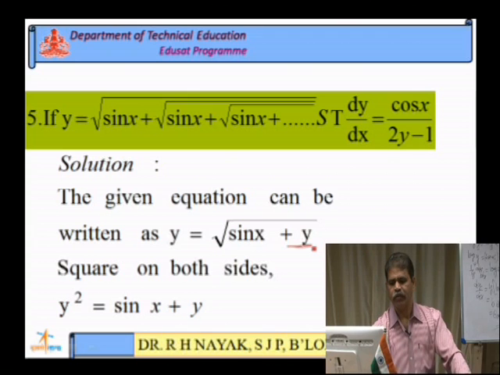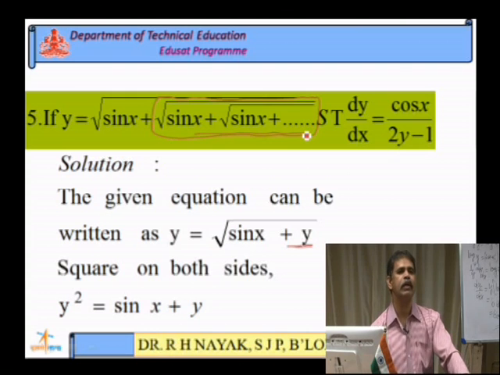Suppose you just leave the first term, you consider only the rest, it is root of sin x plus root of sin x plus root of sin x, it is equal to what? It is y, no. That is why, by leaving the first term, the remaining terms are again taken as y.